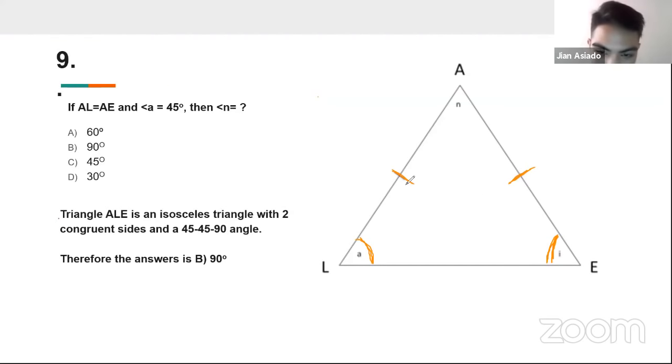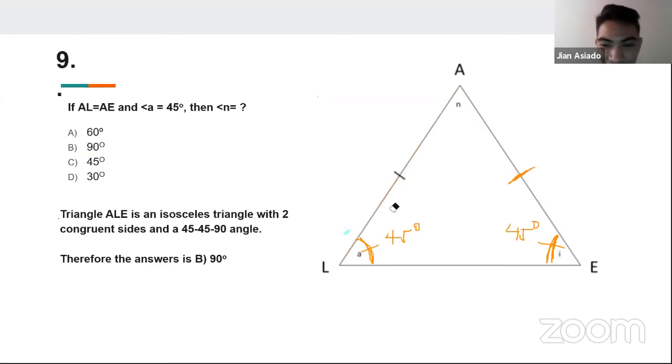But, let's say this is the side equal to this side, no? Yung two angles at the bottom, yun yung dalawang 45, no? So equal lang ito. 45 sila. Therefore, letter B. Kasi ito yung tinatanong.